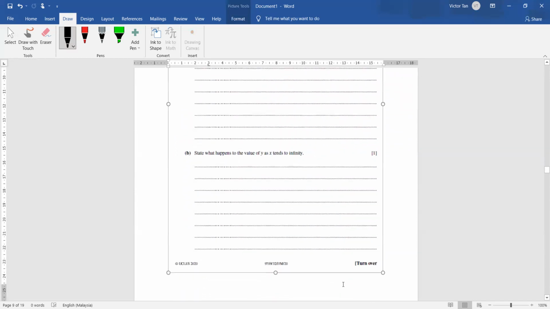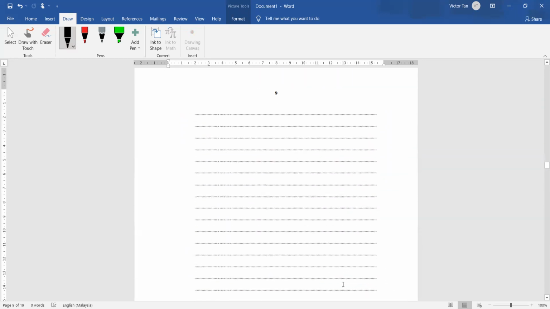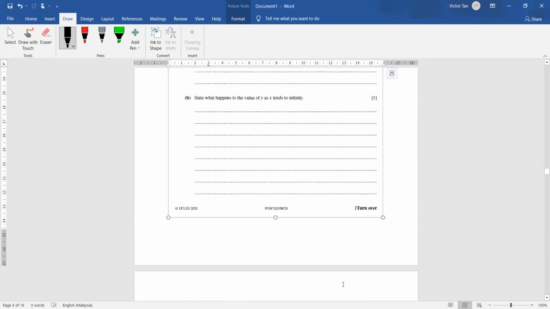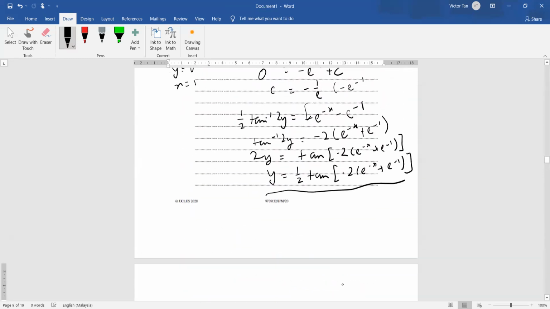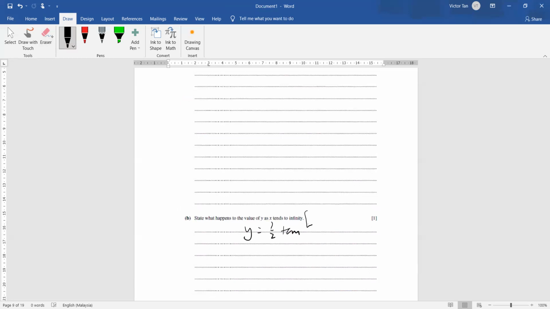So the solution is y equals to half tangent of minus 2 over e to the power x plus 1 over e.